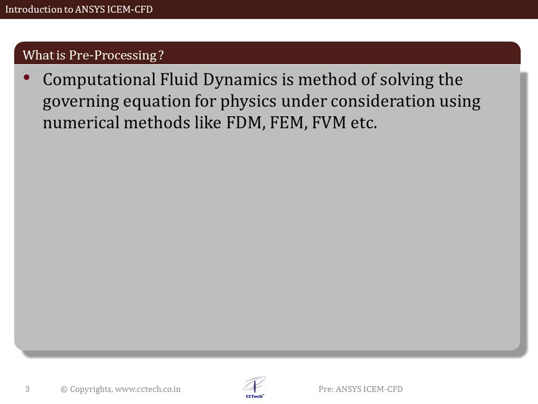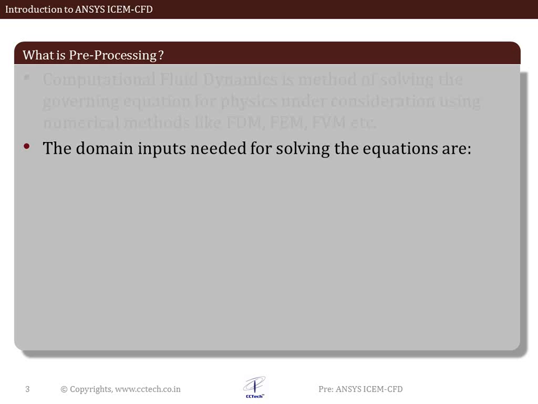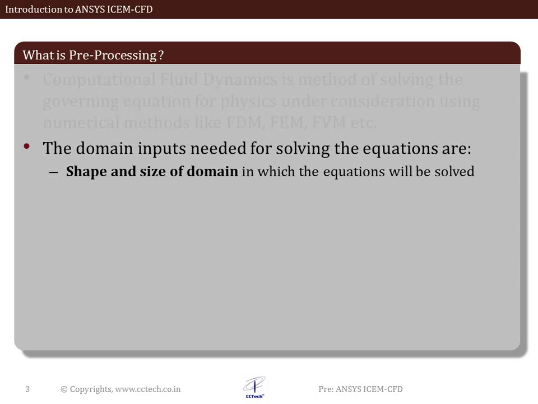As the equations are written and solved in discretized form, the domain or the geometry in which the equations are going to be solved also needs to be discretized. So to facilitate the solution of governing equations using numerical methods, we need to give the following domain inputs to the solver. The first input is the shape and size of the domain. This defines the region in which the equations will be solved.